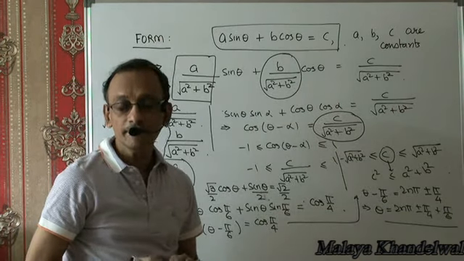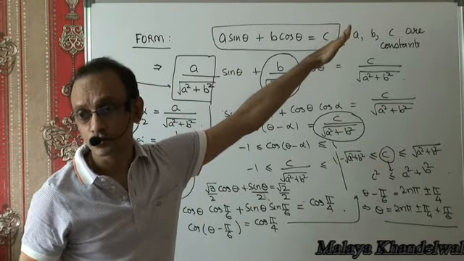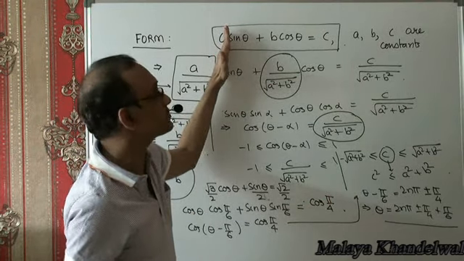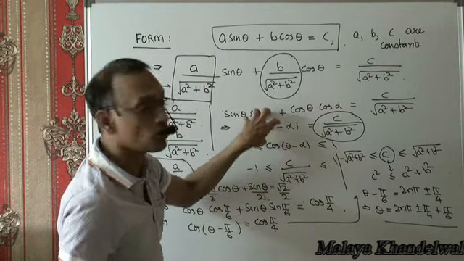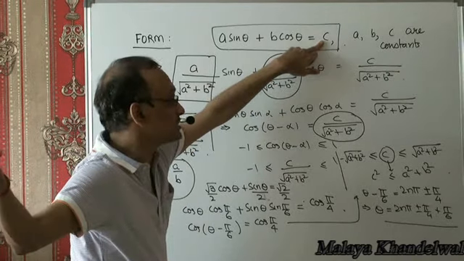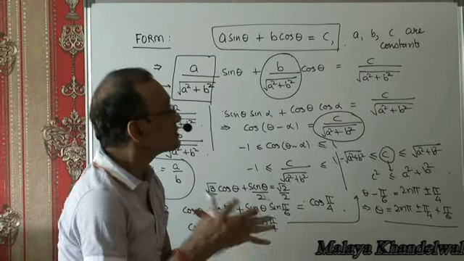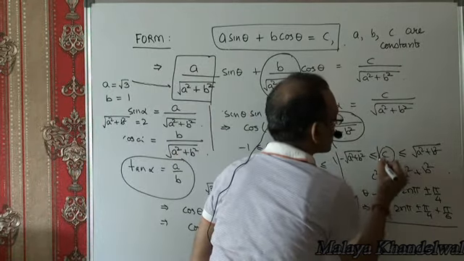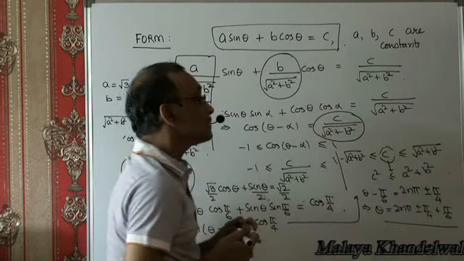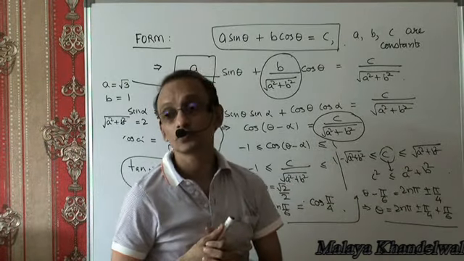So this again is an important and very relevant form of trigonometric equations. The way to solve this is to divide by root a square plus b square, convert it into a compact form, cosine of something minus something, and then make sure that c square does not exceed a square plus b square.